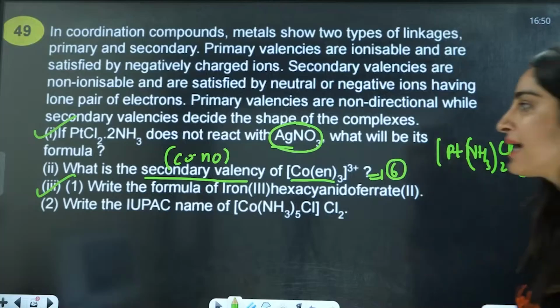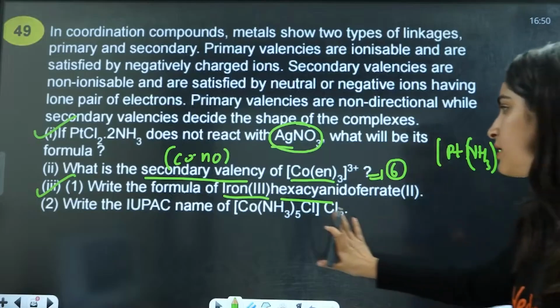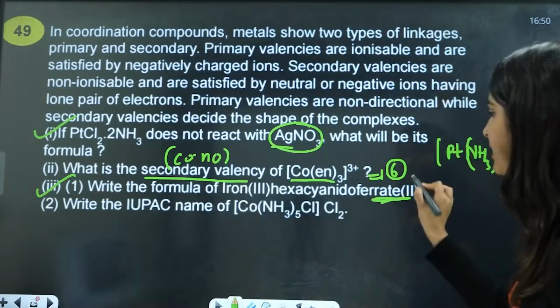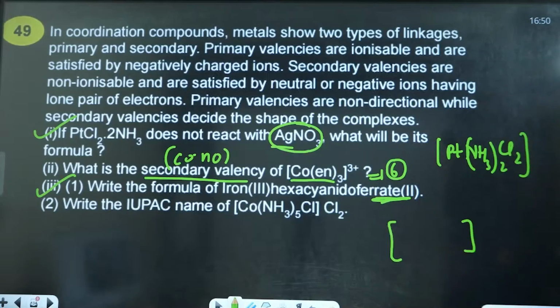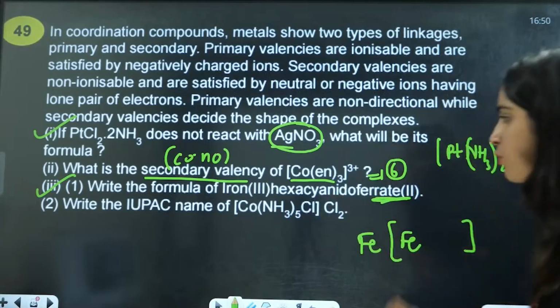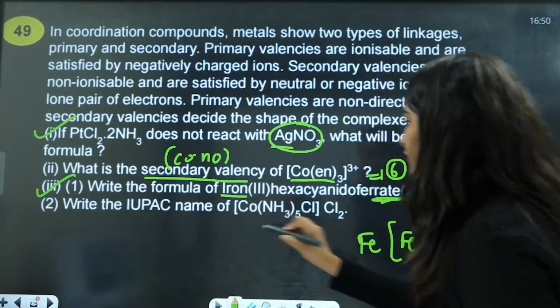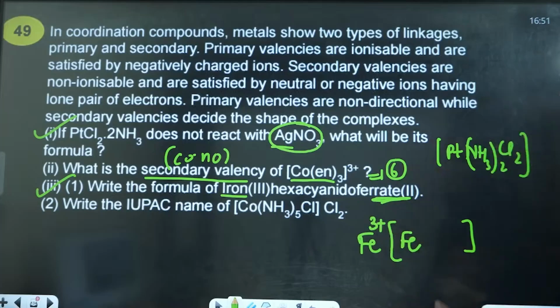Next, write the formula of iron(III) hexacyanidoferrate. Here you have ferrate. Ferrate means this iron is in the negative sphere here. Again you have iron outside this. Here the valency of this one is 3 positive. Now the valency of this one is 2.